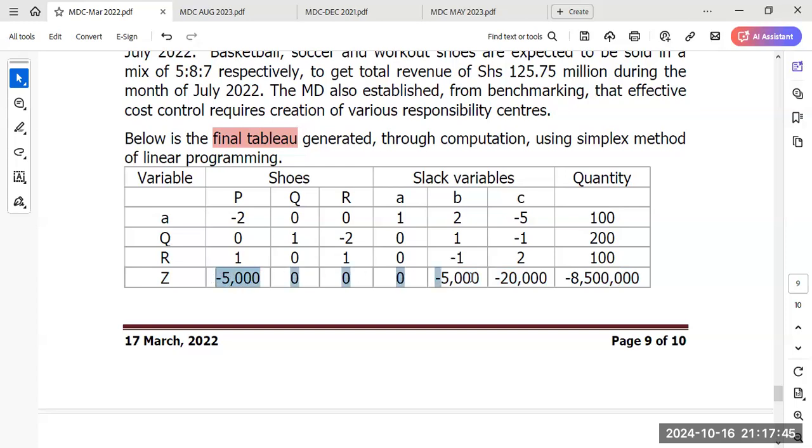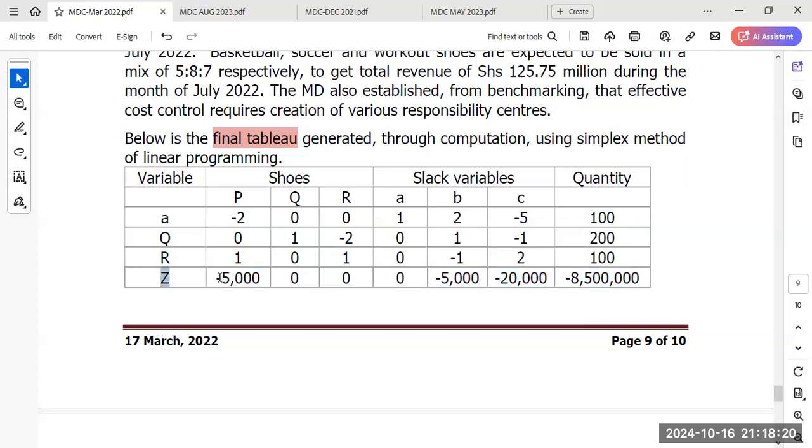The sign there is negative. It means the initial tableau must start with an objective function which has positive values, then you work towards getting negative values.